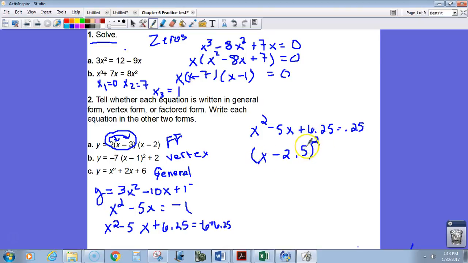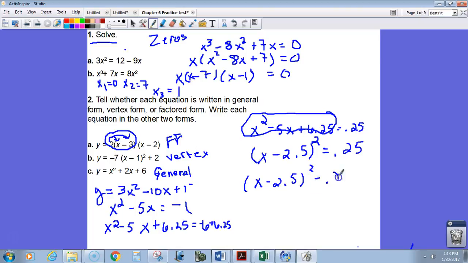Okay? X minus 2.5 times x minus 2.5 is this. So it'll give us this back. I have not changed anything. I've just changed the way it looked. It just looks different. Equals 0.25. Now I need to bring that back over to the other side. So I have x minus 2.5 squared minus 0.25 equals 0, or I can change that to y now. This is in vertex form. My vertex is positive 2.5, comma, negative 0.25. And you can check that on the calculator, okay?